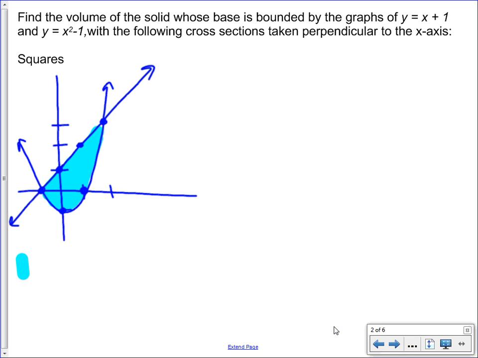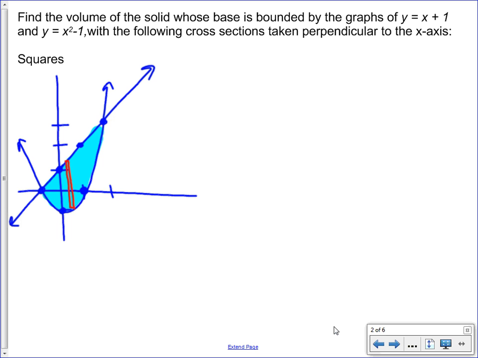Now we want these cross-sections to be perpendicular to the x-axis, which means when we draw in a reference rectangle, we want it to be perpendicular to the x-axis. Is that rectangle perpendicular to the x-axis? Don't you mean squares?